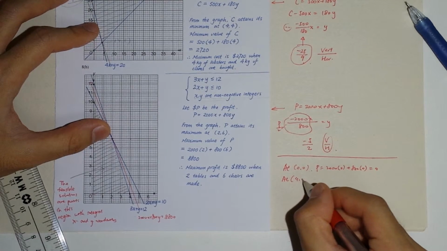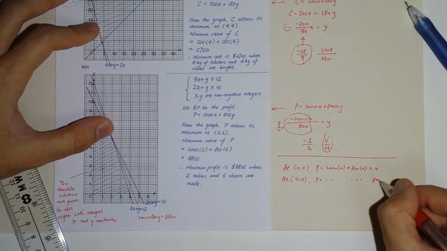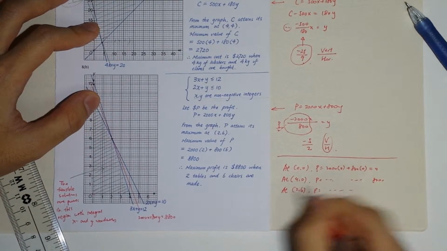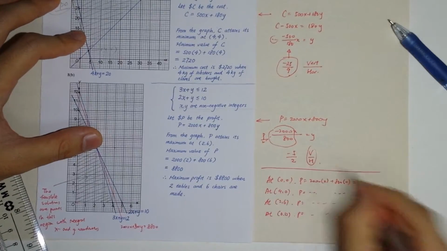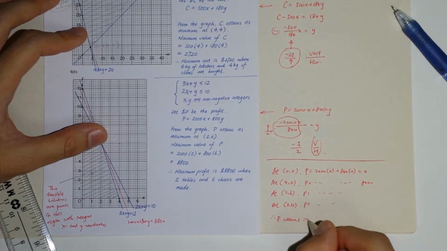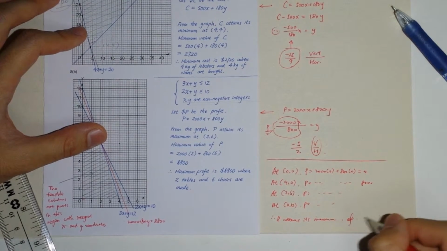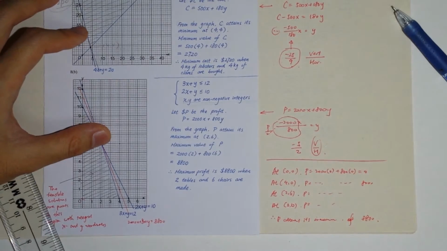At (4, 0), P equals 8000. At (2, 6), P equals 8800, and at (0, 10), P equals 8000. You have to show all these four and then claim that P attains its maximum of 8800, and then you have to answer the question.